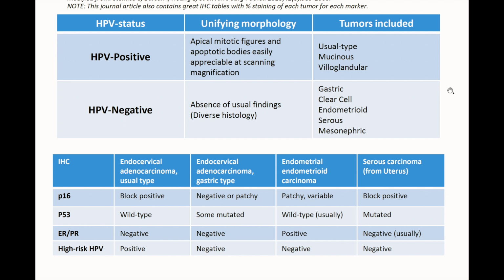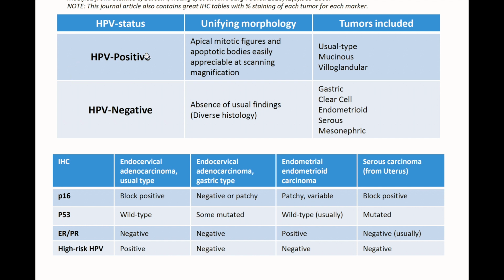Also, as previously discussed, we looked at various entities that are HPV positive or HPV negative. And from there, you want to consider HPV status. You can then look at morphology, and that'll narrow down your differential. So some of the HPV negative entities: gastric, clear cell, endometrioid, serous, mesonephric.